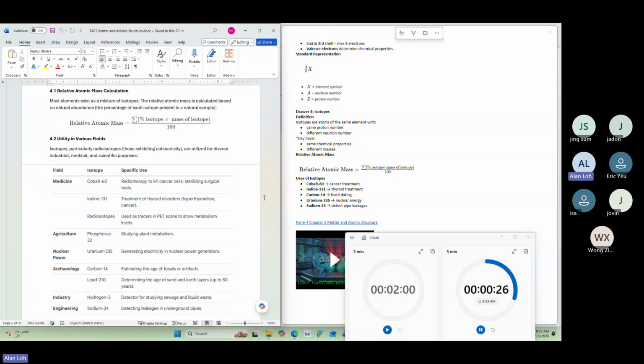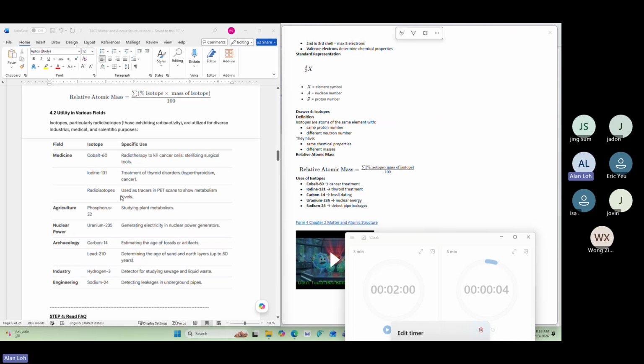Just need to know that there are different isotopes for different usage in different fields. Right, 10 more seconds. All right, that is step 3.